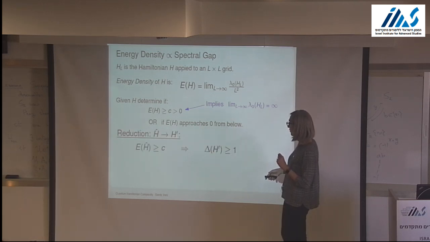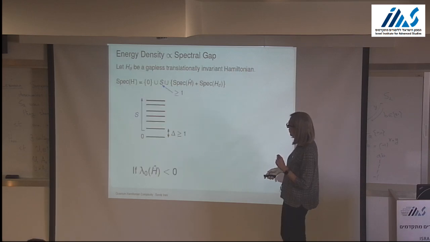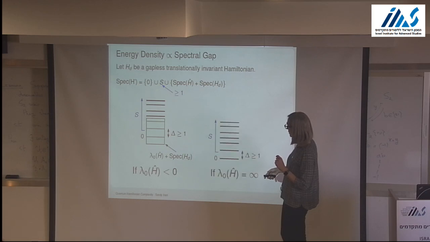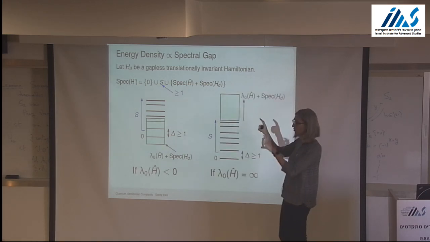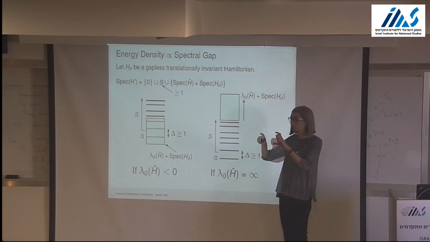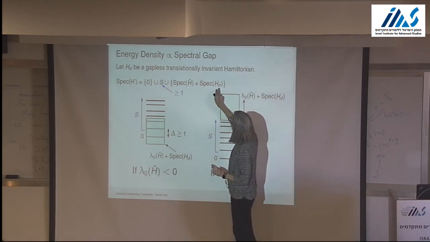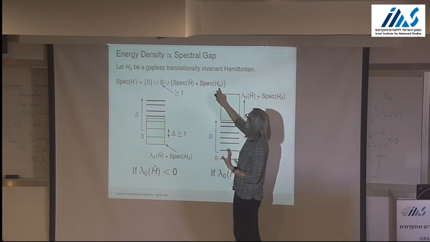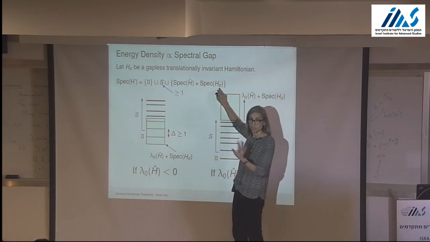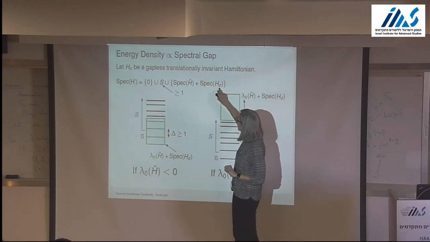So in the interest of time, I don't think I'm going to say too much about it, other than the basic idea is they have two different Hamiltonians, okay? And it's engineered in such a way that H_D is some gapless translationally invariant Hamiltonian. There are a dime a dozen in physics. You can pick your favorite one, okay?